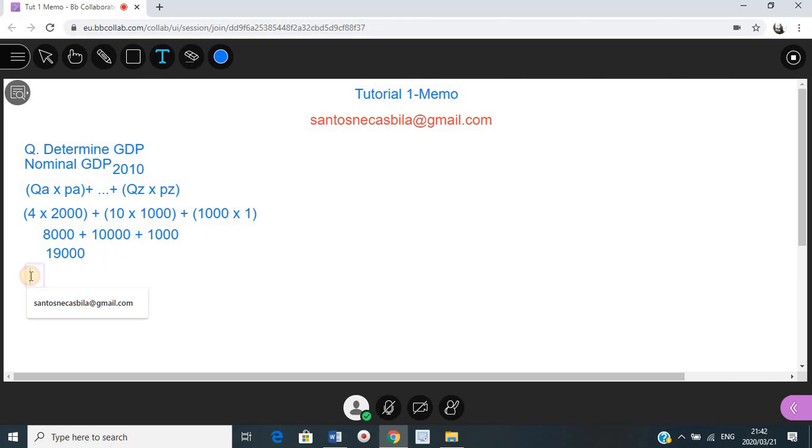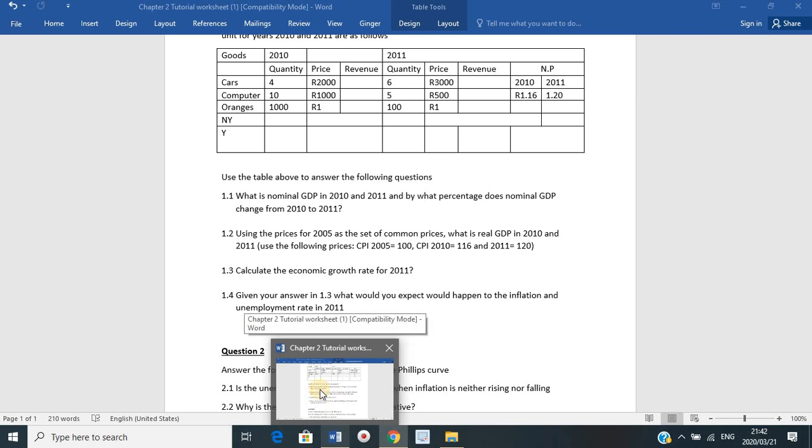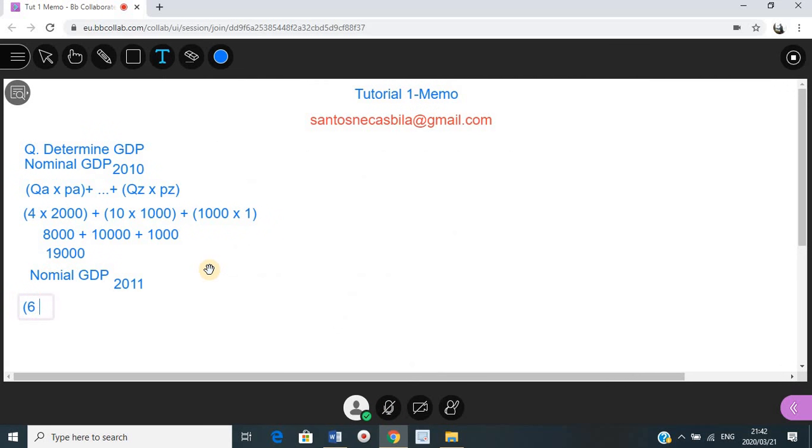We're going to do the same for 2011. Nominal GDP for 2011. Very good. This is going to be equal to, let's just check, 6 times 3,000 plus 5 times 500 plus 100 times 1.